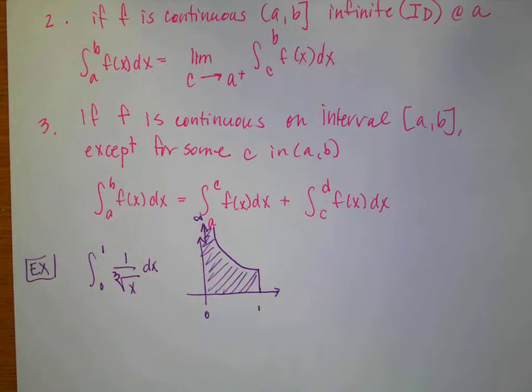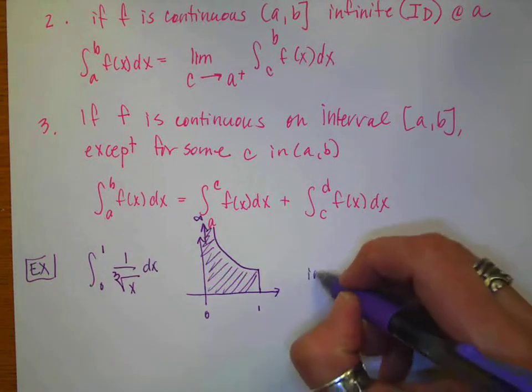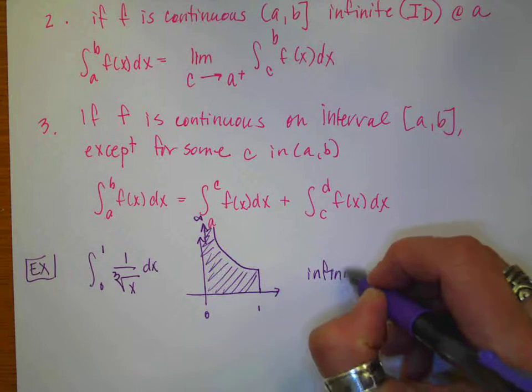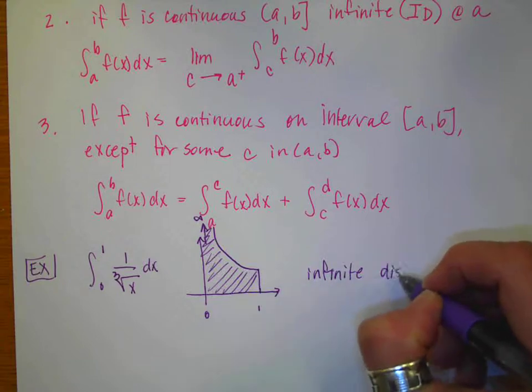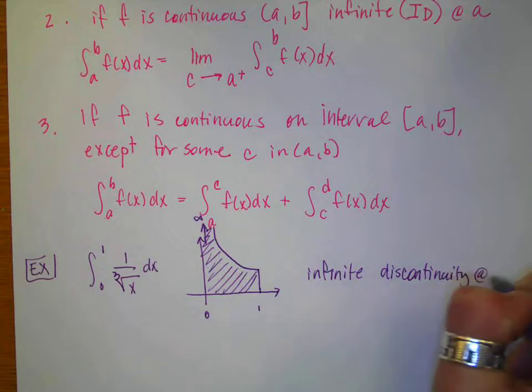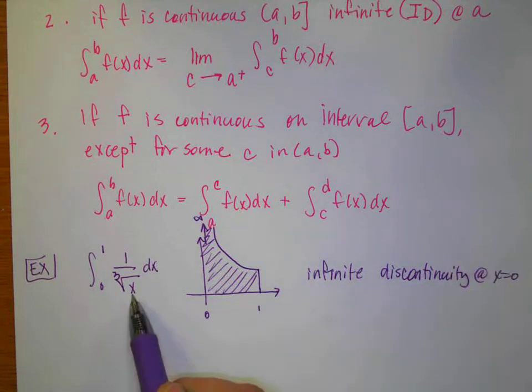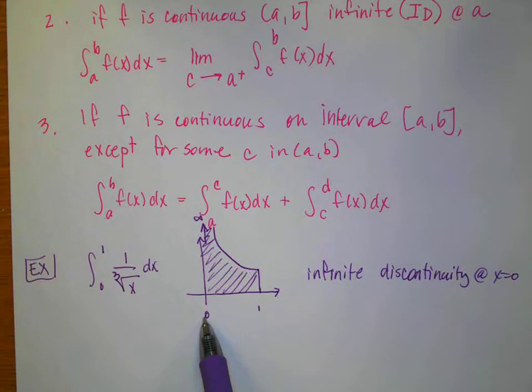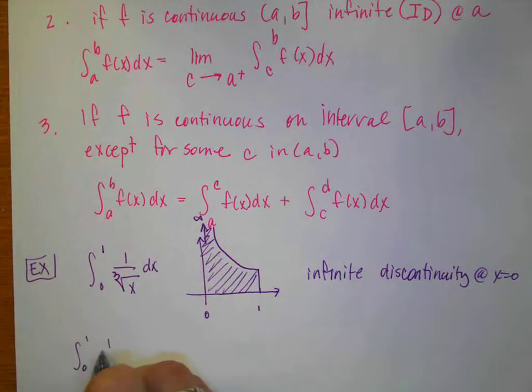So it has an infinite discontinuity at the bottom integrand limit, at x equal to 0, because right here I would have a vertical asymptote at x equal to 0.